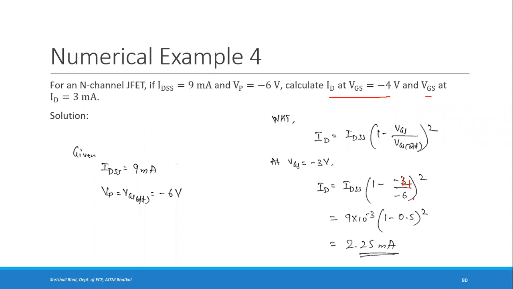So what will it come to, can anybody calculate and tell me? What is 4 by 6? 4 by 6 is 0.666. So 1 minus 4 by 6, squared, will be 0.111, multiplied by 9.